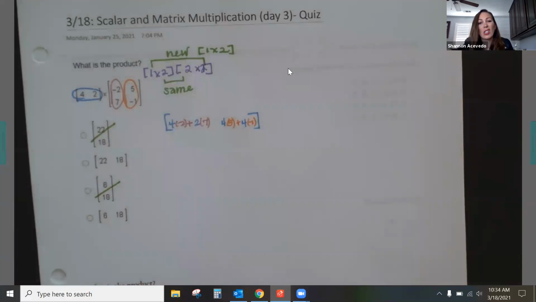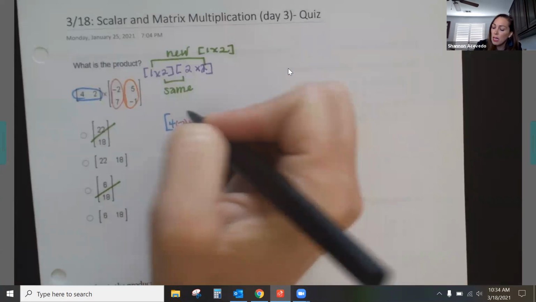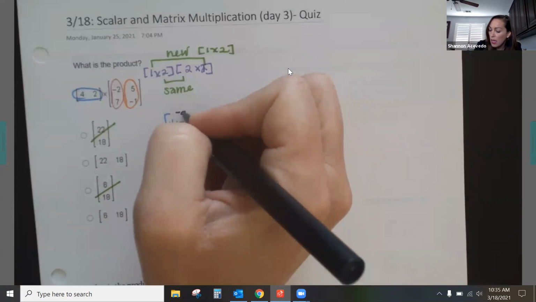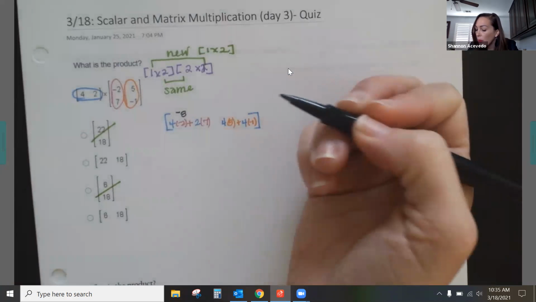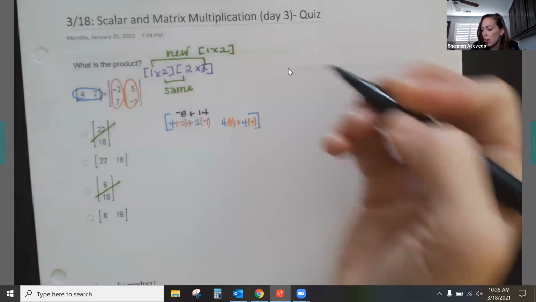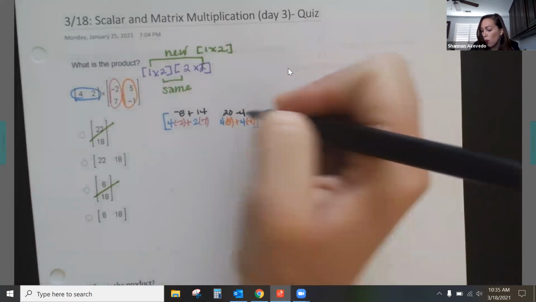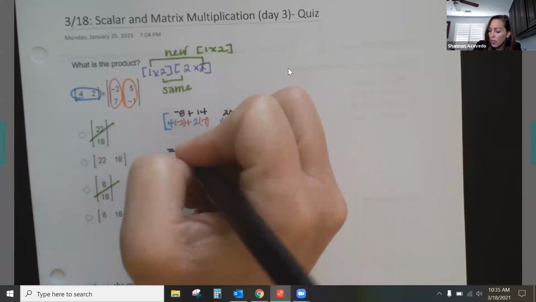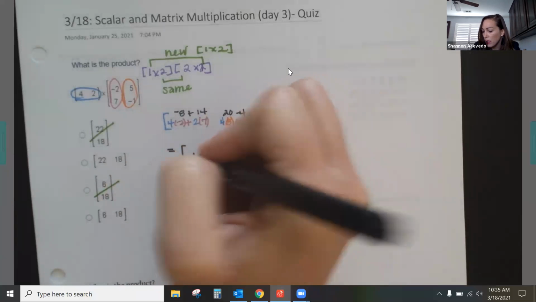I like to do some of the math above it instead of rewriting it each time. So this is going to be a negative 8, plus my 14. So my solution is going to be negative 8 plus 14, which is a positive 6.